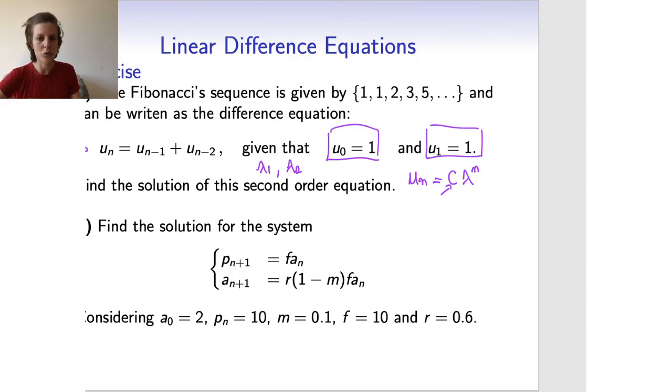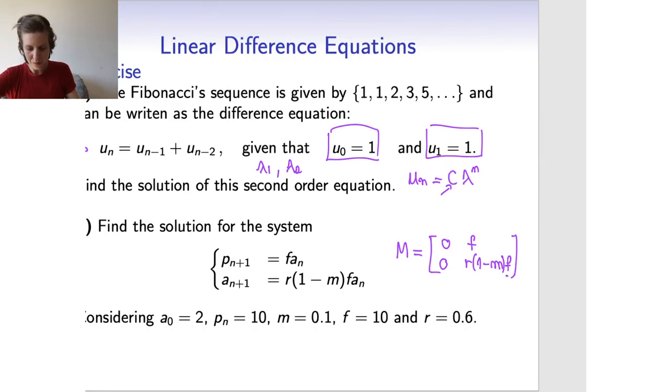So you're also going to find the eigenvalues of the matrix M, in which M is given by 0, F, 0, R(1 minus M) times F. From here, we already see that one of the eigenvalues will be 0 and the other will be R(1 minus M) times F. And then you just substitute the values that are given here.